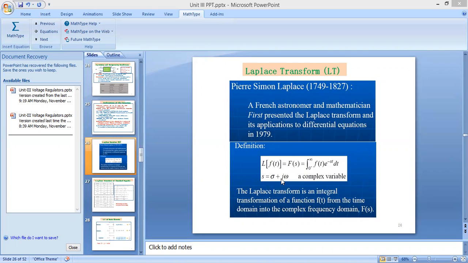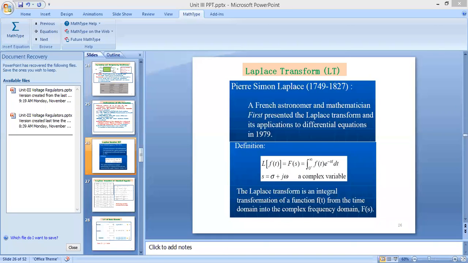The Laplace transform is used to solve differential equations, and it is much easier as compared to the Fourier series. That's why we use the Laplace transform.